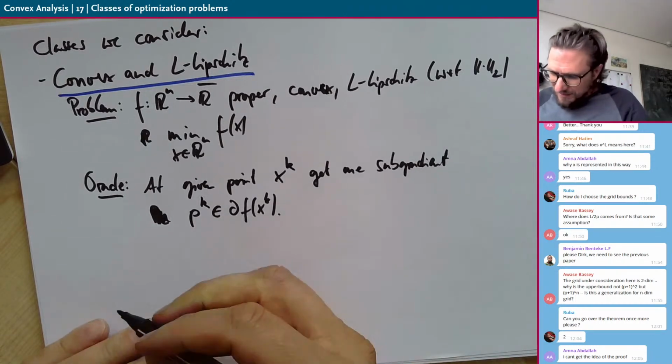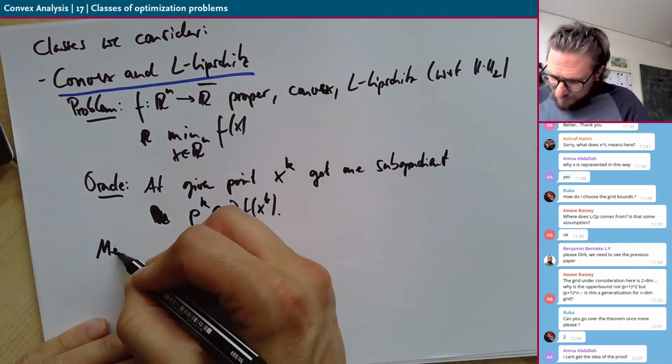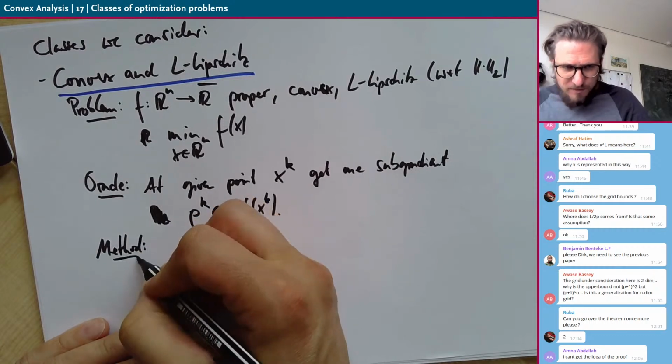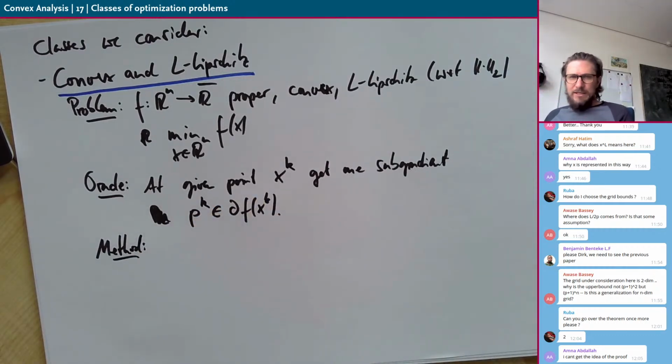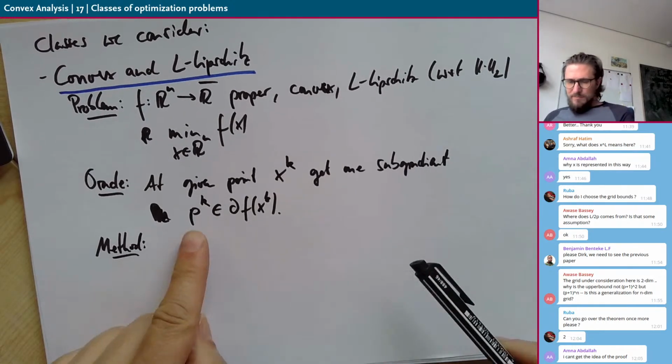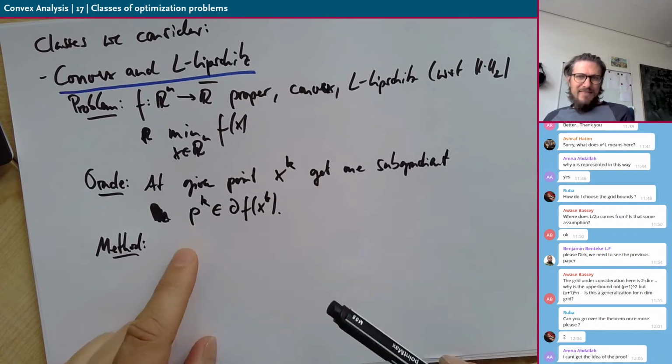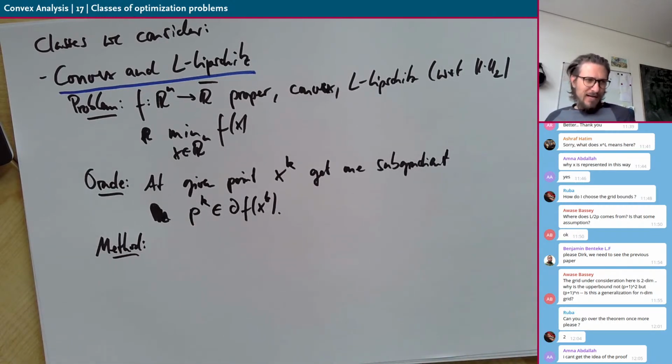So what does our method do? We want to be fairly general, so our assumption is we have our function, we pick an initial point x0 somewhere, just as we like, and at this point x0 we get a value for p0, a subgradient. And then where would we like to find our next point?